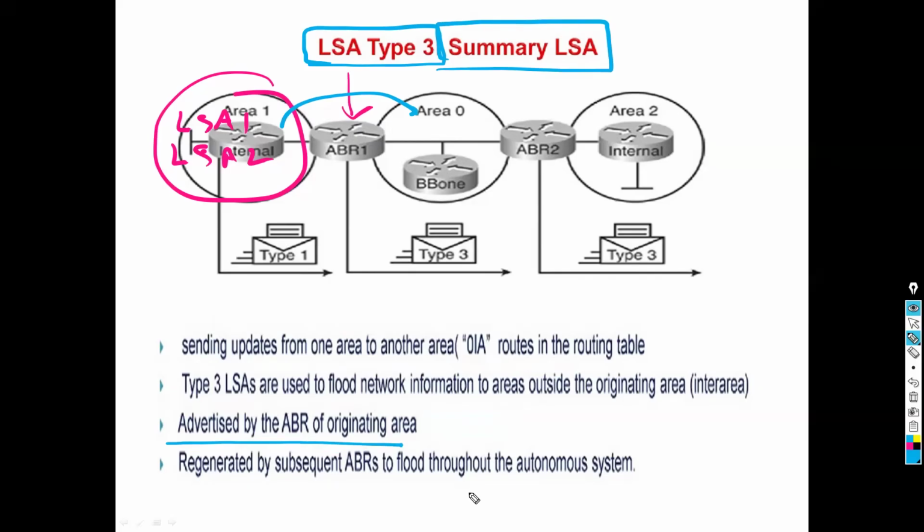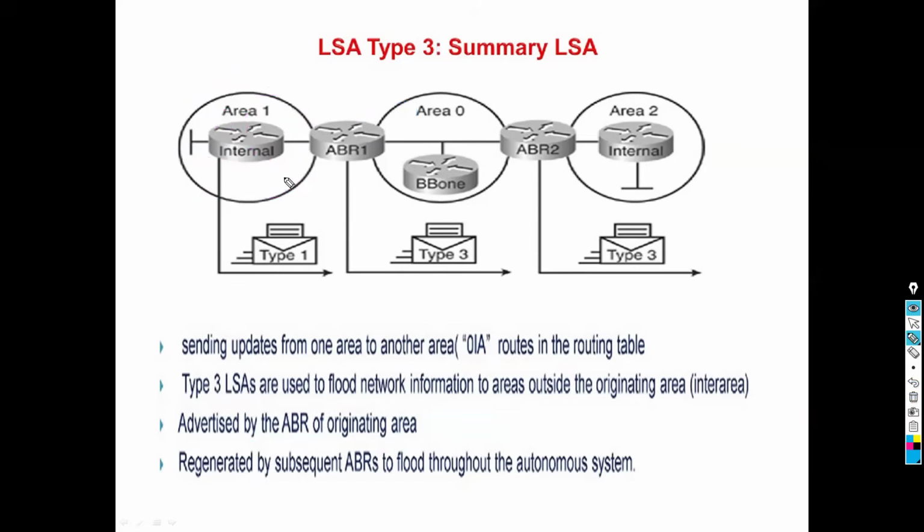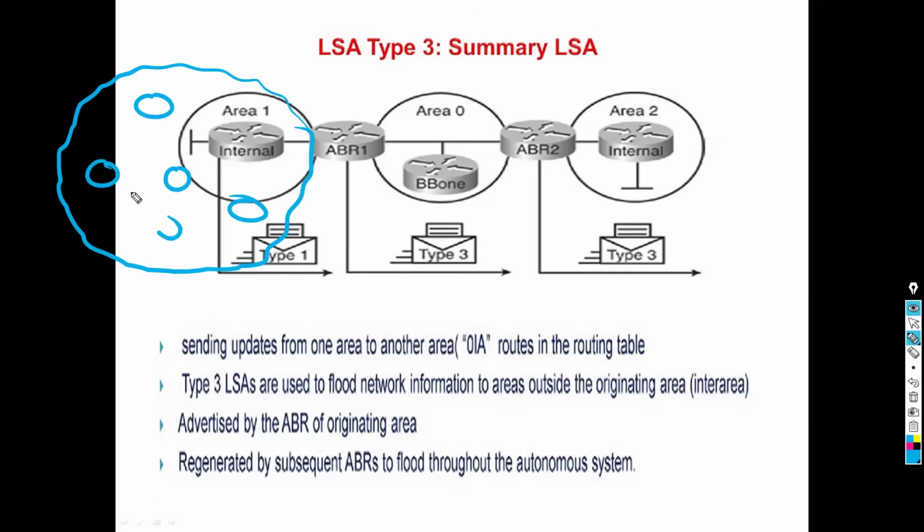Now let's talk about troubleshooting. My point is, if anything happens in this area, for example, if we have multiple routers here and this router is not working, this update will go to the DR router.